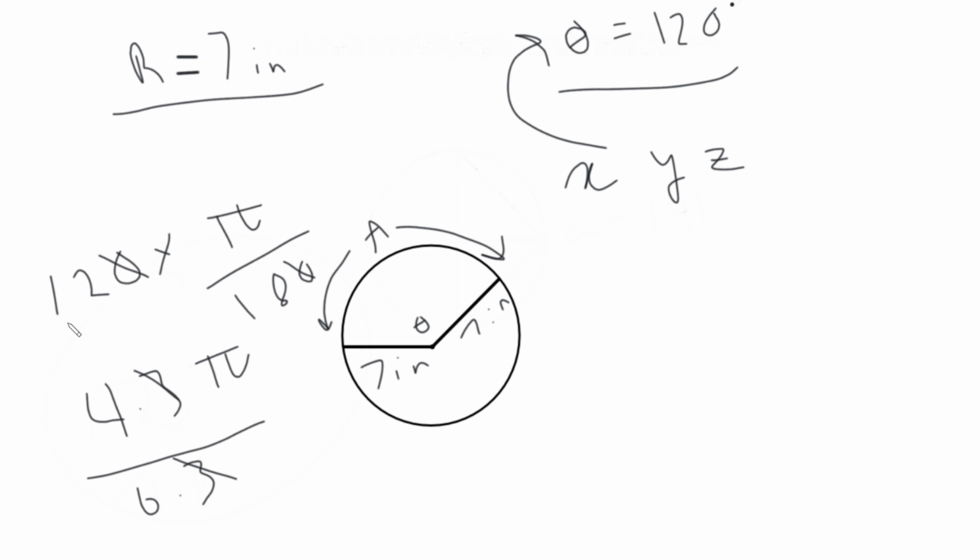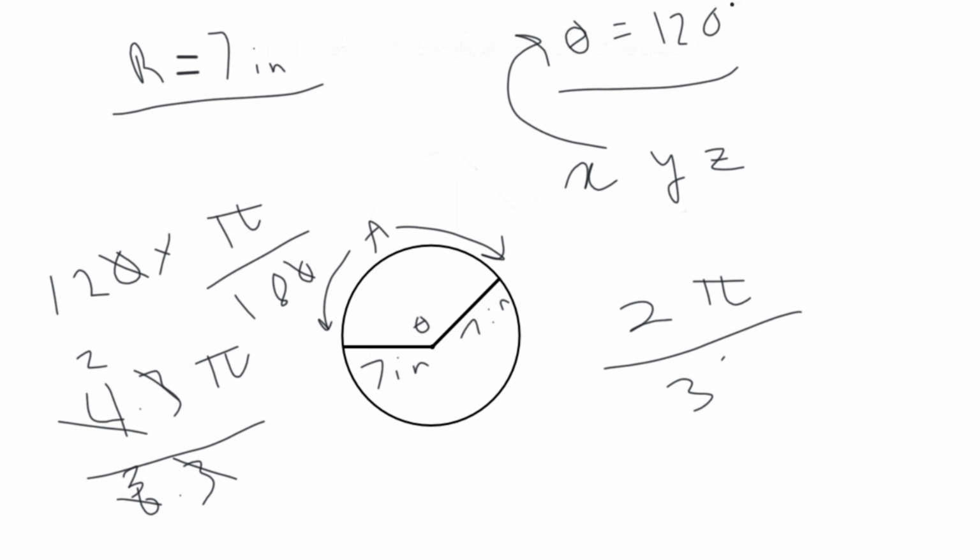And this again can be cancelled out to 2 pi over 3. So now we have a much simpler fraction, 2 pi over 3, which is our final product.